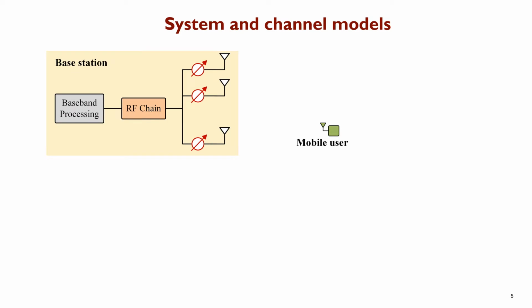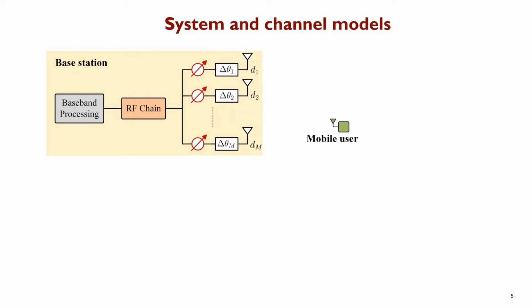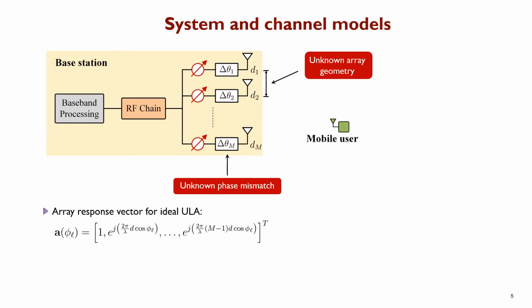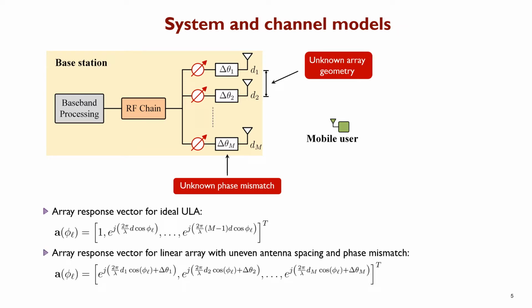Besides, we also take into account the hardware impairment, where we assume there is unknown and uneven antenna spacing, and there is unknown phase mismatch incurred at each antenna. So for an ideal ULA, the array response vector takes this form, and for a linear array with unknown and uneven antenna spacing and phase mismatch, as shown above, the array response vector takes a different form.